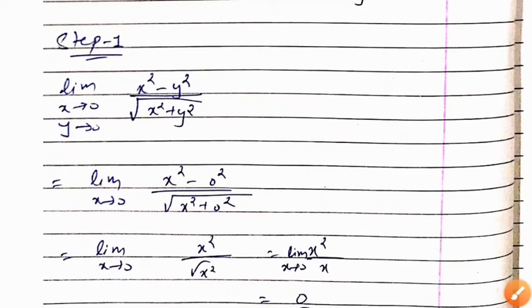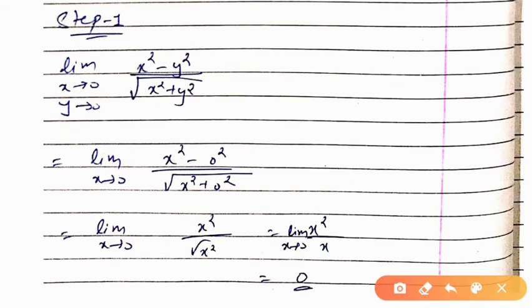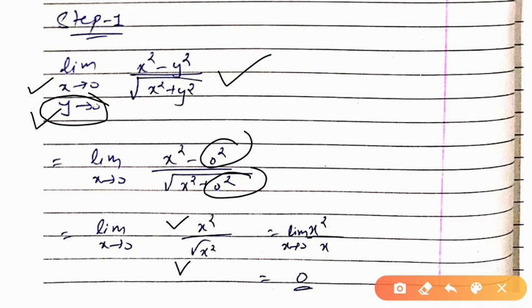Now again we have to take 4 steps. So first step is limit x tends to 0, y tends to 0. First I will put y equal to 0 in this function. So this term will become 0, this term will become 0. So x square upon root x square.